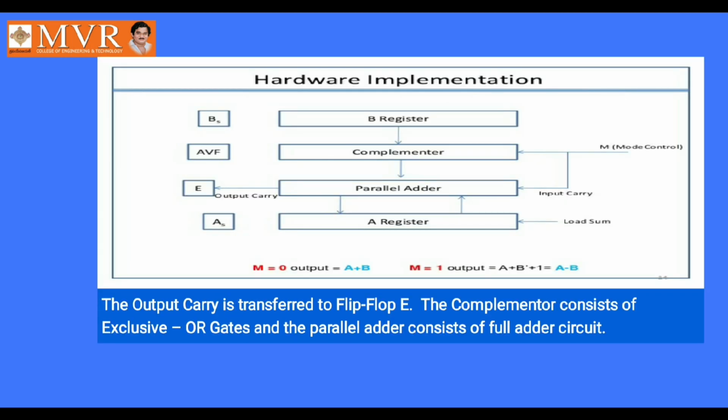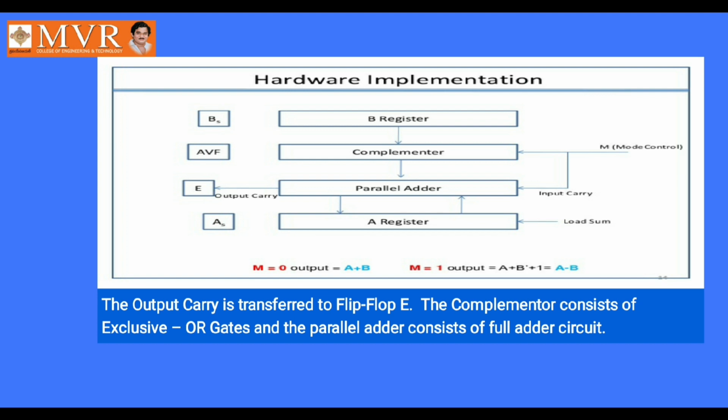Now you can see how the hardware implementation for these arithmetic operations works. Here at the topmost we are using a register called the B register, and before that B register there is a small single-bit register called BS.